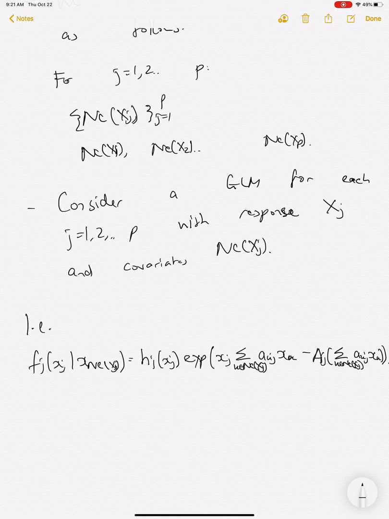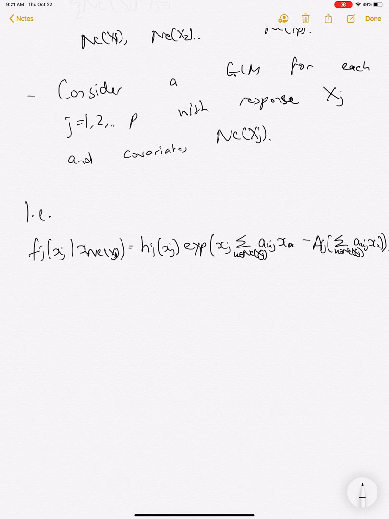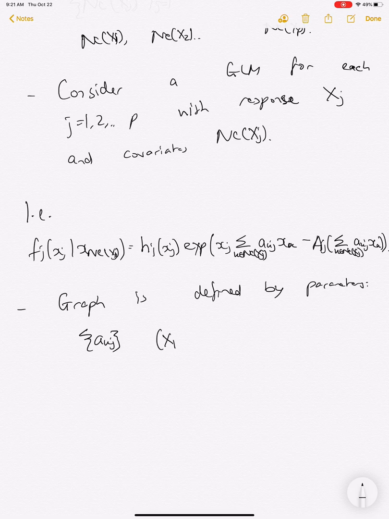Okay, and so this graph is defined by parameters akj, where we have that xk, xj is in the set E. Otherwise, you can either interpret that as akj equals 0, or akj isn't really part of our model.